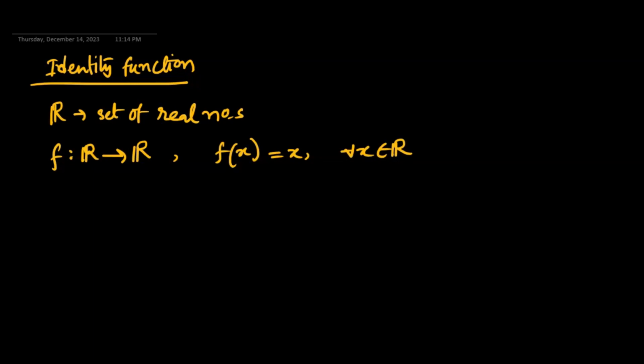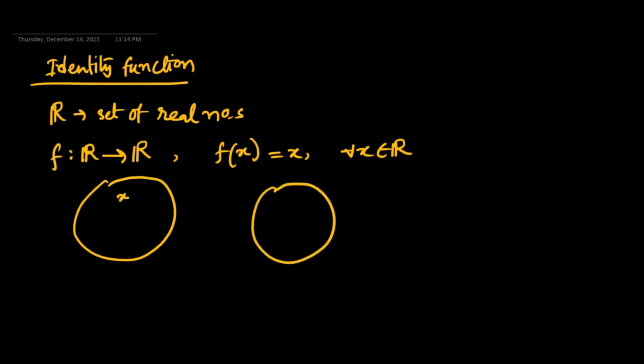So it is taking an element x from the domain to x in the codomain. So this function takes an element to itself. So it is called an identity function.